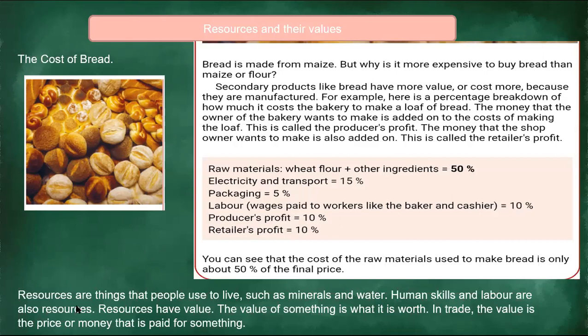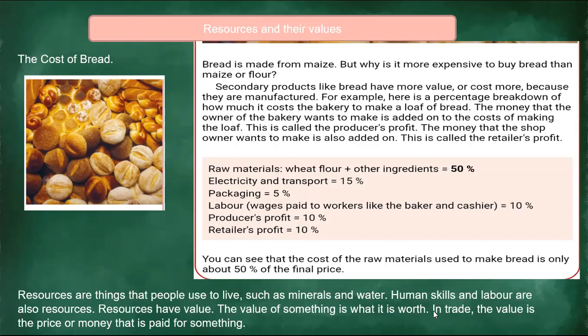So resources are things that people use to live with, such as materials and water. Human skills and labor are also resources. Resources have value, which includes human skills and labor. The value of something is what it's worth.